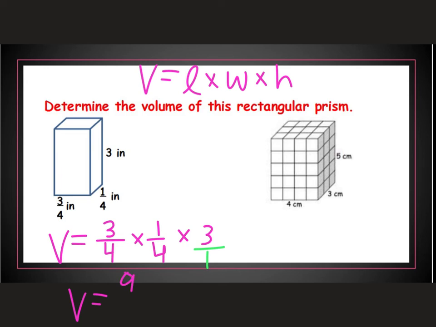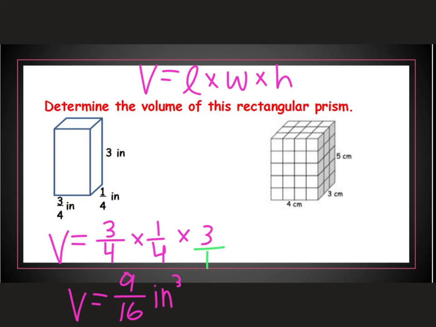And then on the bottom, multiply your denominators. 4 times 4 is 16. 16 times 1 is still just 16. So my volume is 9/16 inches cubed. Again, you could have put that in decimal form, and it gives you a longer decimal. I think it's like 0.5625, something like that. That's totally fine as well.